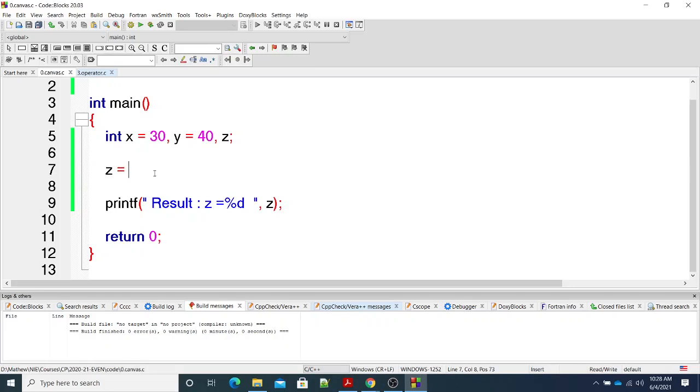Absolute value of minus 3 is what? What is absolute value? Plus 3. So for any negative number, say minus 5, minus 7, the absolute value will be 5, 7.